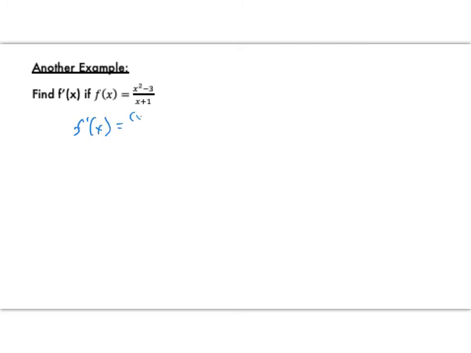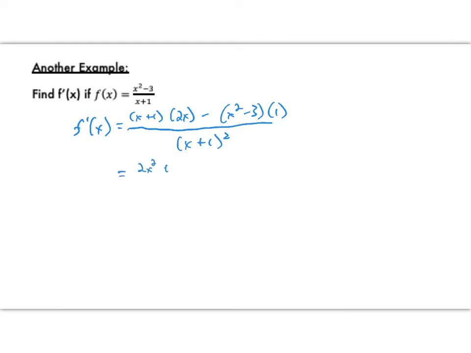So this is low d high minus the high function times d low, and this is all over low function squared. Okay. Well, let's distribute out here.